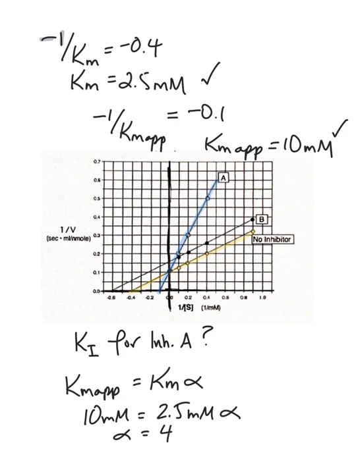This is really useful because alpha equals 1 plus inhibitor concentration over Ki. So once you've calculated your alpha, you can use that equation to solve for Ki. So plug in 4 for your alpha, 1 here. The concentration of an inhibitor you're given in the intro to the problem as 100 micromolar.